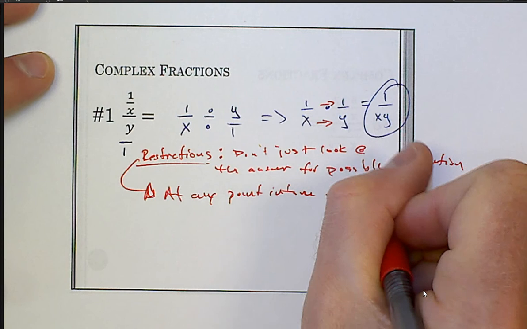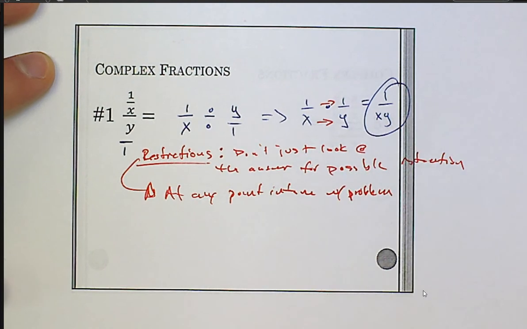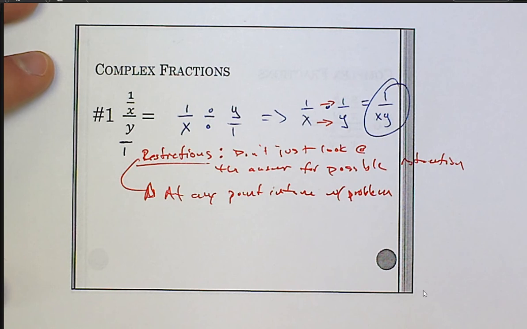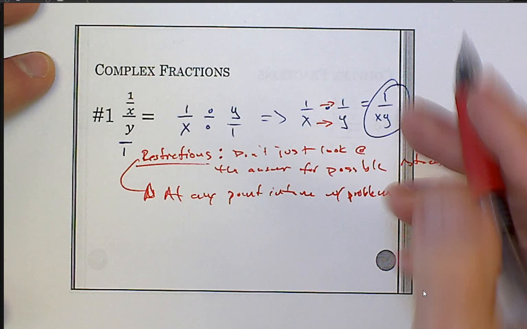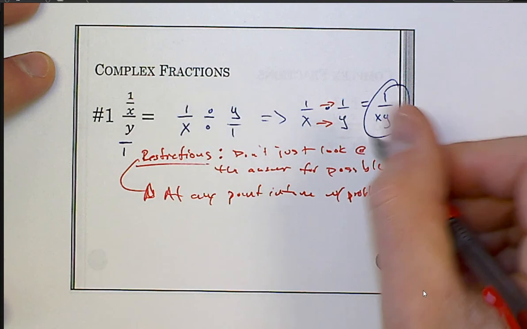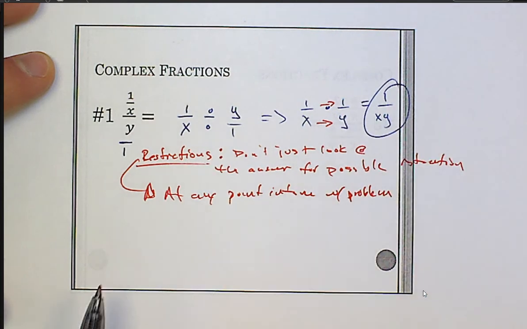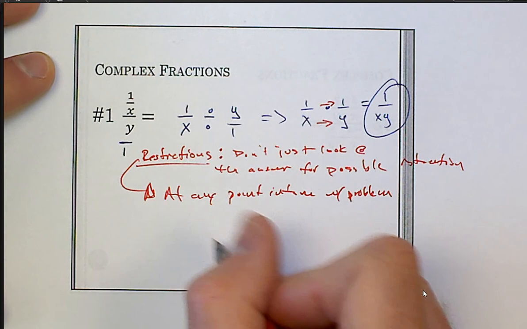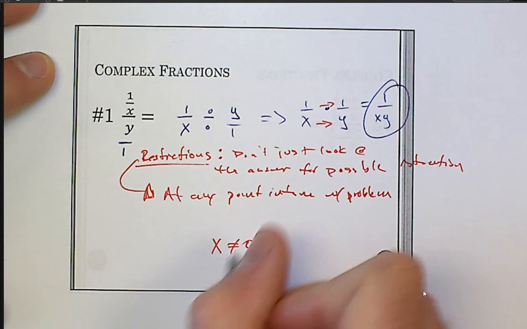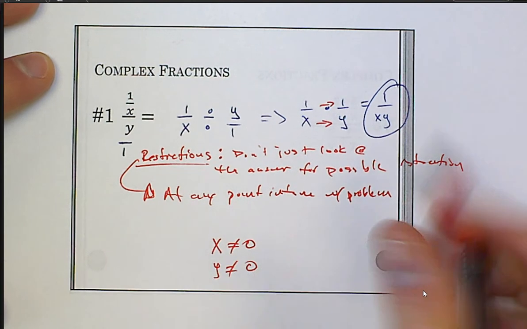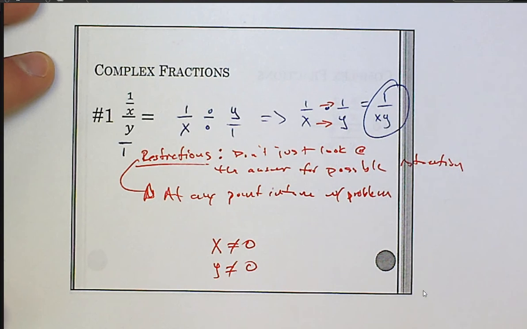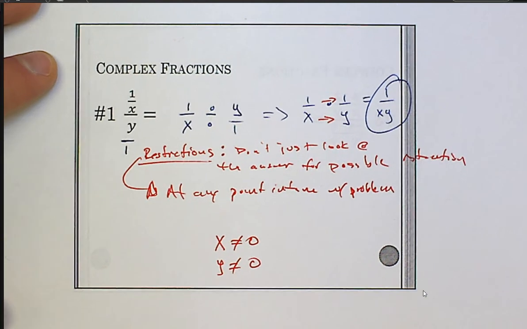Okay? And I didn't mention that in lesson 6, I believe, or 7, but I'm making a point of it in 8. A lot of people will look just at the answer, but you have to look at any point in time in the problem to see if there are any other restrictions. In this case, the restrictions for this problem: x can't be 0, y can't be 0, because if x or y were 0, we'd have a 0 in the denominator, no good. All right? So, let's move on to the next question.